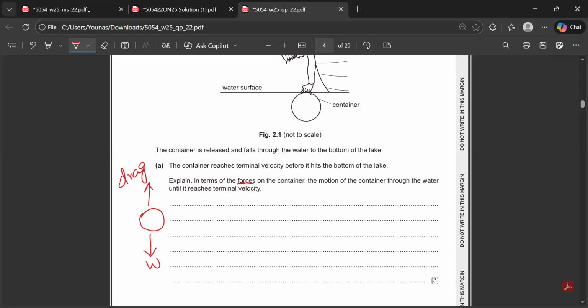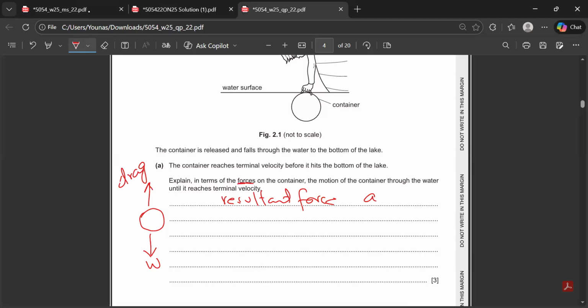So there will be a resultant force in the downward direction, so the container will accelerate because there is a resultant force. The body will accelerate downward.